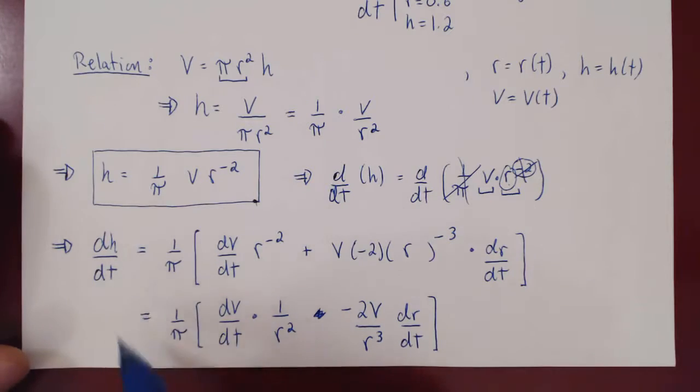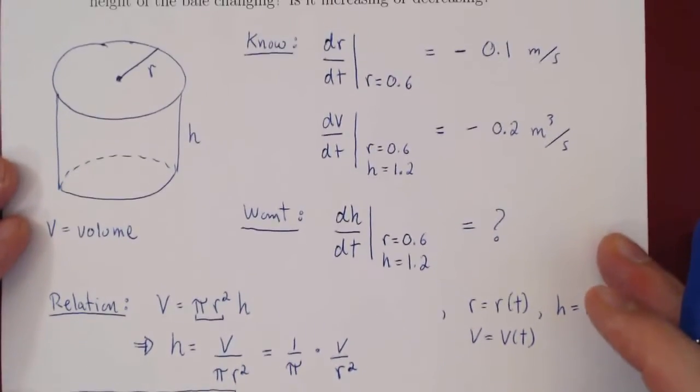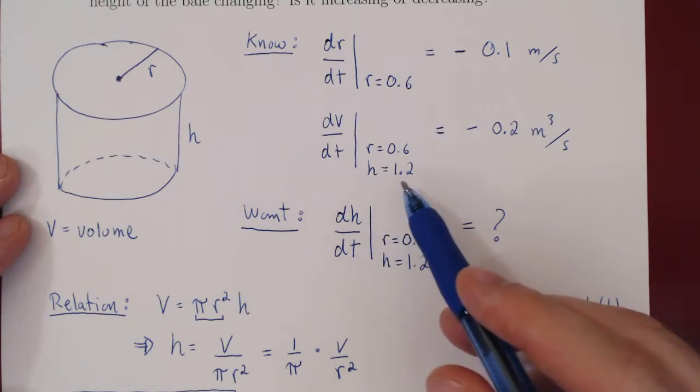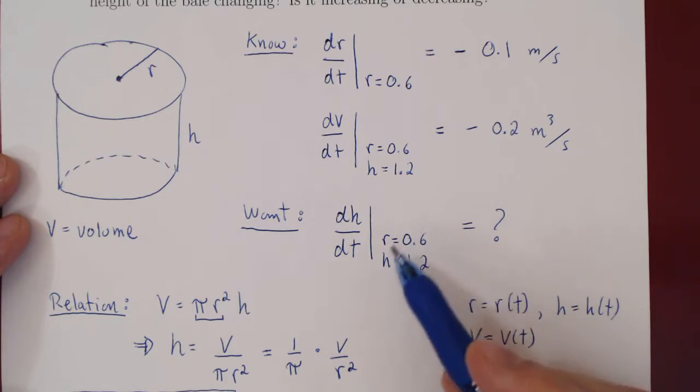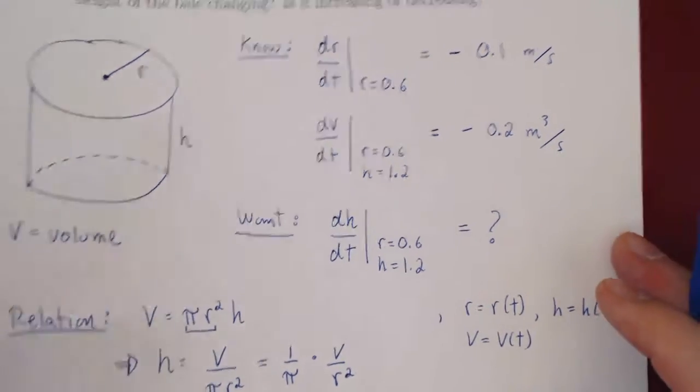Now, we have dh over dt, but remember, we wanted dh over dt specifically when r was equal to 0.6 meters and h was equal to 1.2 meters, right? So let's evaluate now. We'll move on to another page. Let me just recopy this, a little simpler, actually.